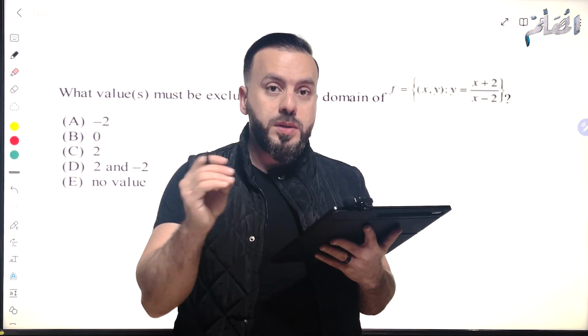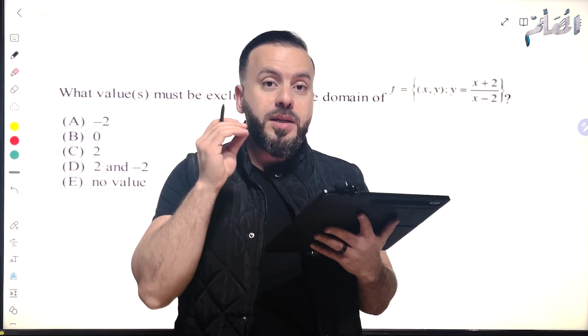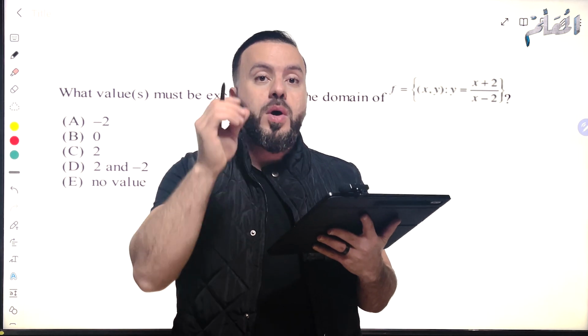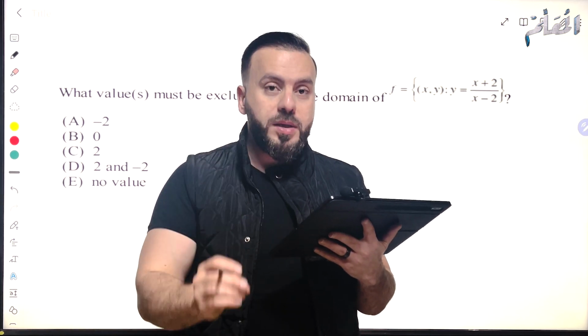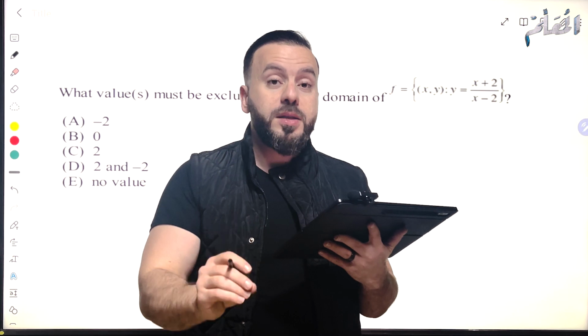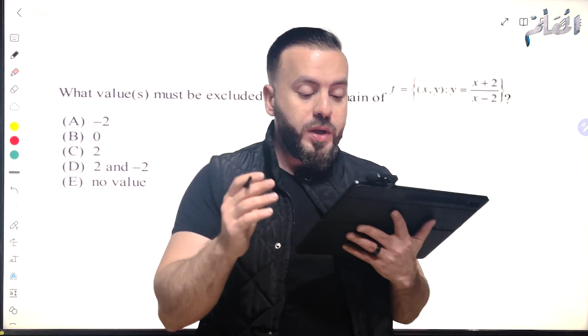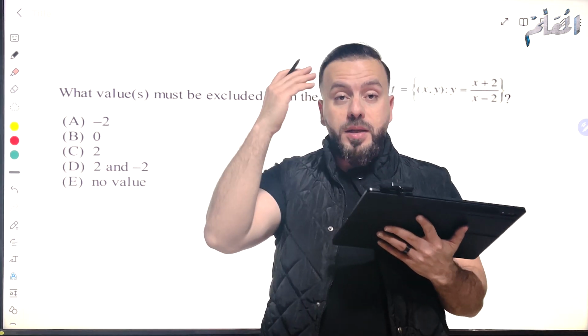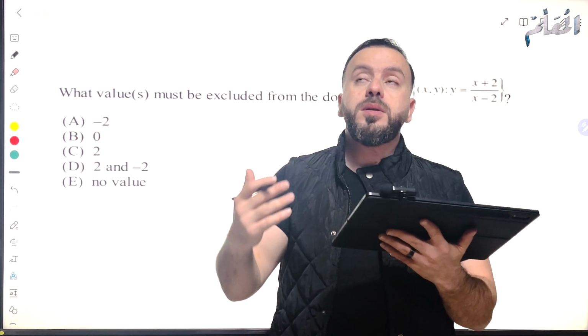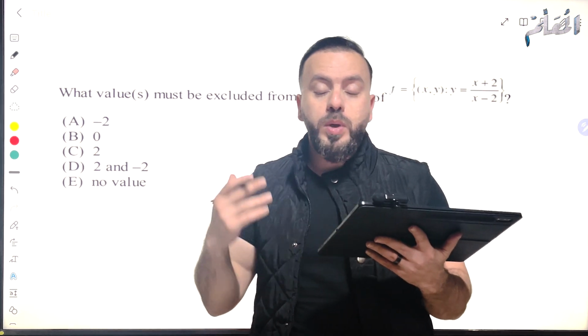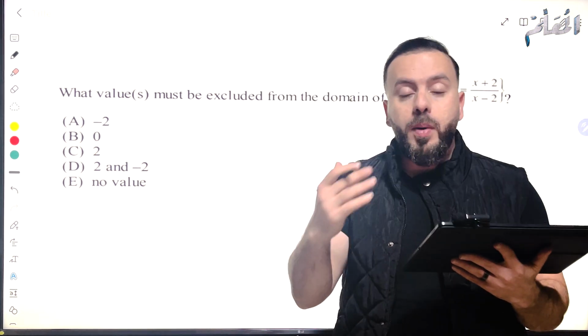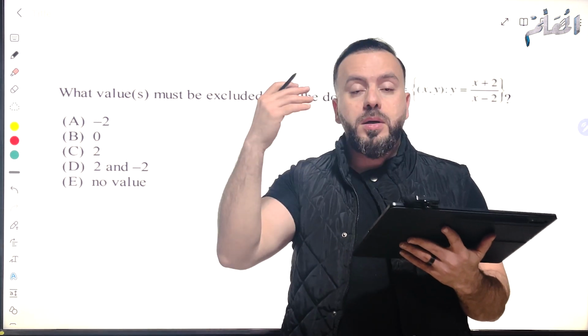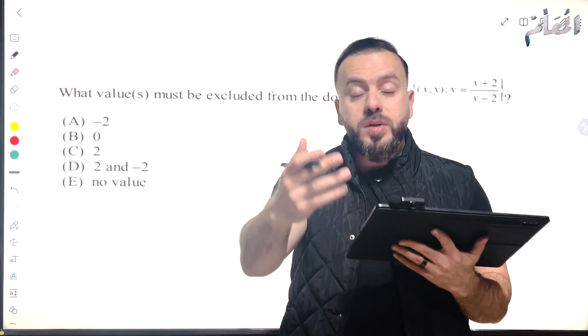One of the conditions of a rational function is that I need to exclude the zeros of the denominator, which is a vertical asymptote, if there are no holes. This is another technique you need to memorize and understand. Hopefully in the upcoming videos, we're going to explain more about holes, vertical asymptotes, and horizontal asymptotes.